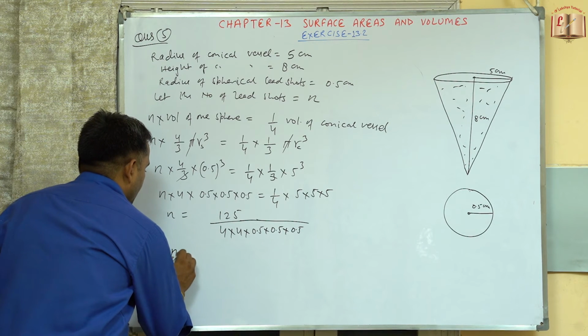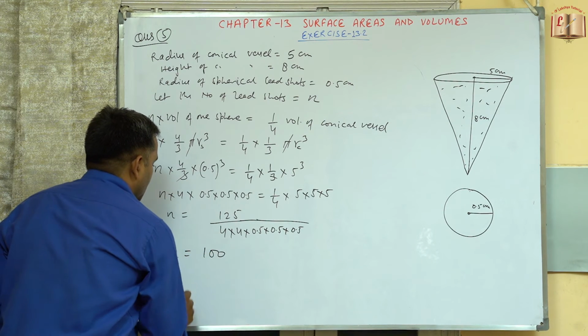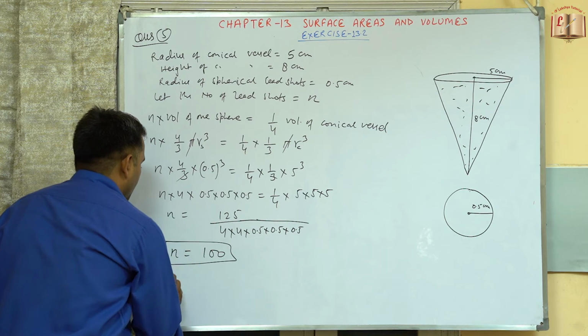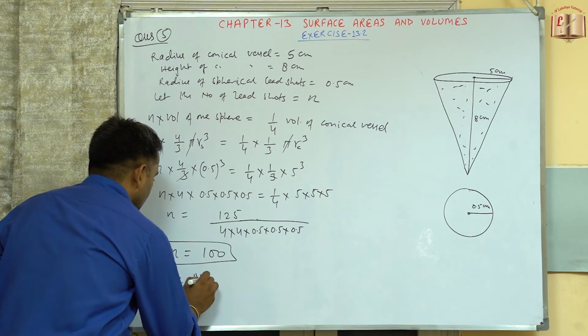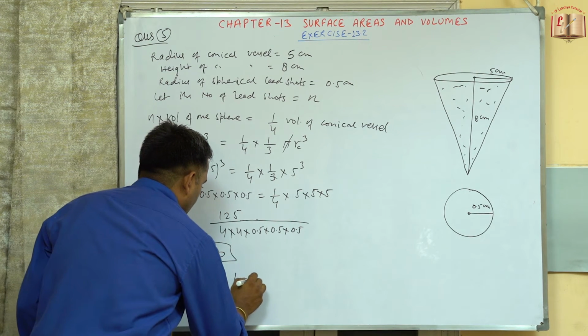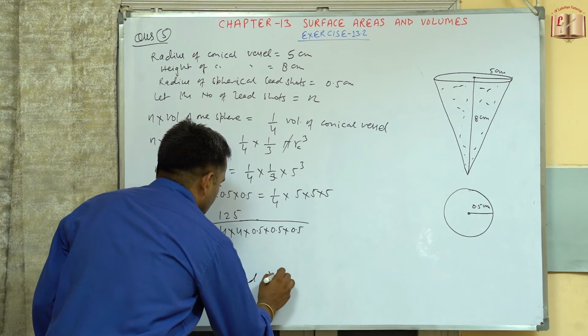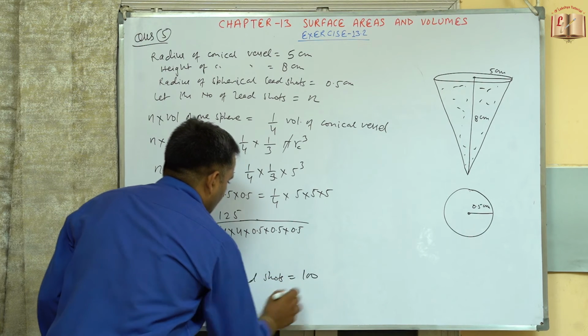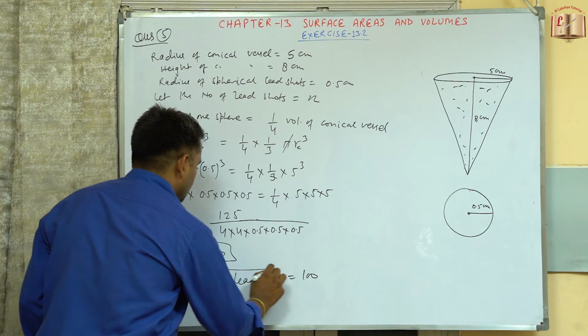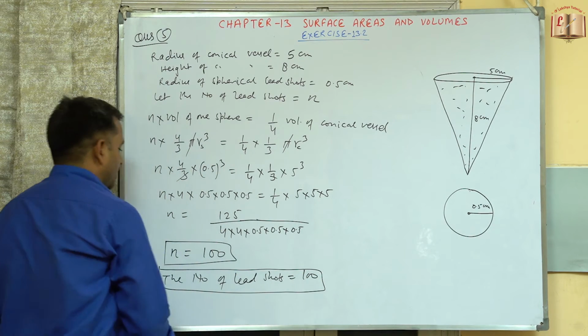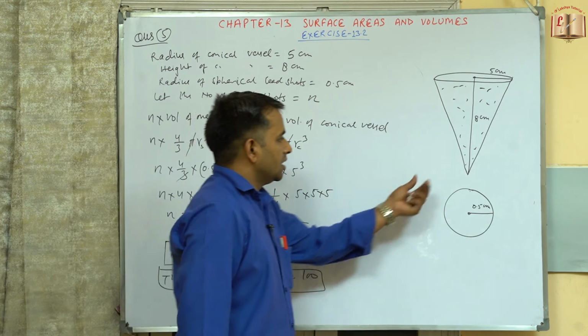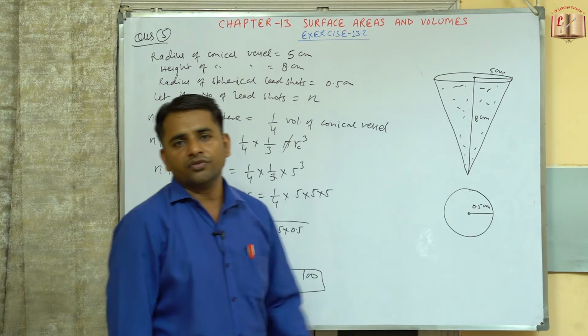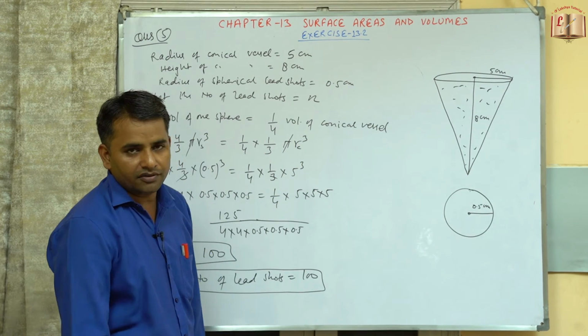So on solving we got n equals to 100. So the number of lead shots are 100. So there are 100 lead shots put to flow out 1/4 of the water from this conical vessel.